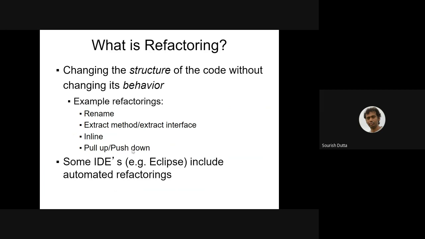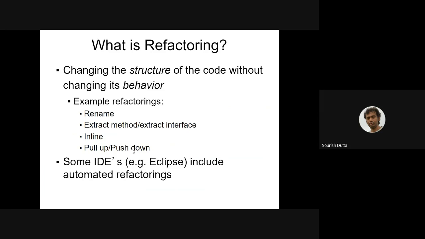So what is refactoring? Refactoring is nothing but changing the structure of your code without changing its behavior. For example, we extract the method, we extract interfaces, we pull up or push down methods, we make that particular thing inline.